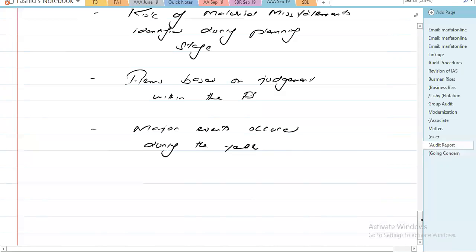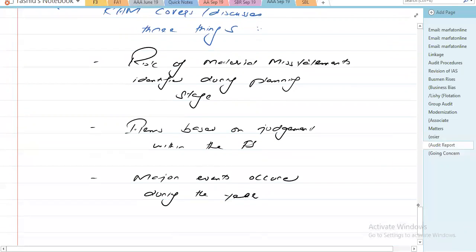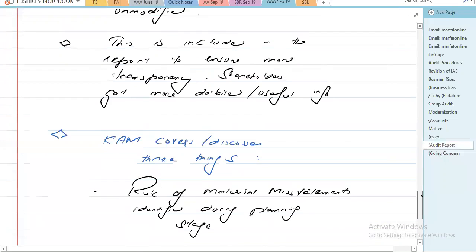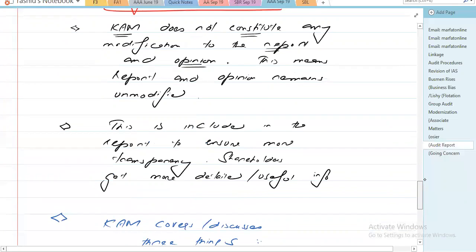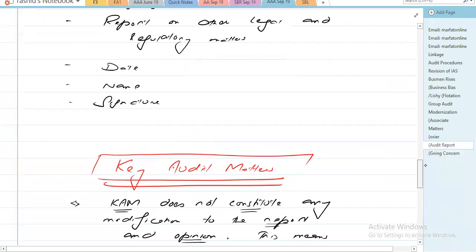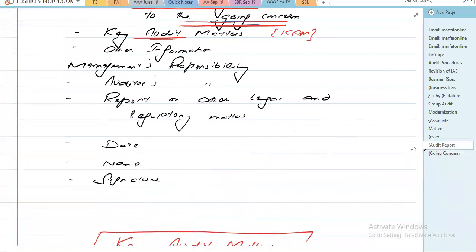So now, if you look at this information that we are giving to the shareholders in the form of CAM, the risk of material misstatements, items based on the judgments, major event occurs during the year, the shareholder will have too much information. Okay, look, the auditor has done some substantial work and the opinion is based on that substantial amount of work they have done on the financial statements.